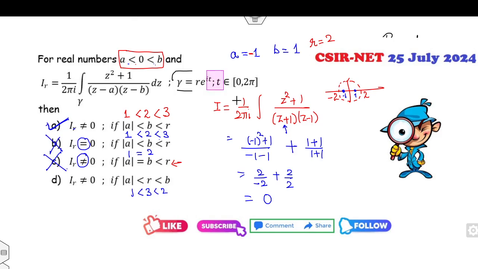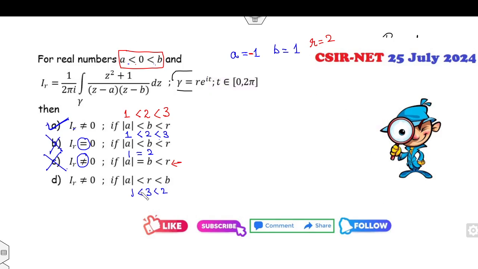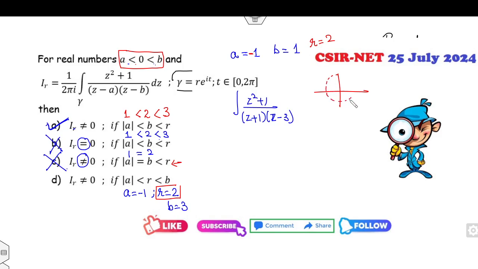Now look at the last option. A is less than R is less than B. So I can choose A is minus 1, R is 2, B is equal to 3. Then your integration will be z square plus 1 over (z plus 1)(z minus 3). Since R is 2, the circle has radius 2. What are the poles?